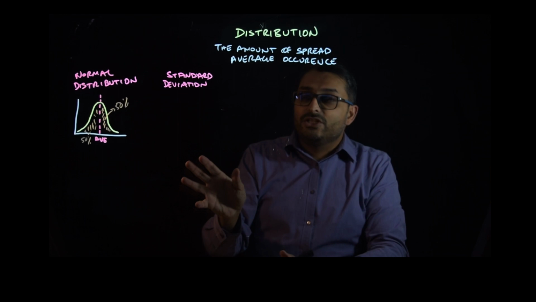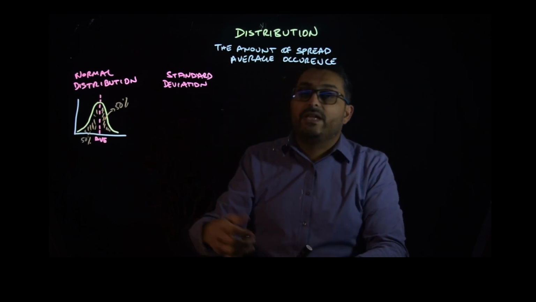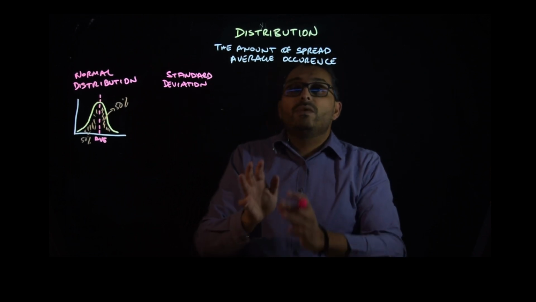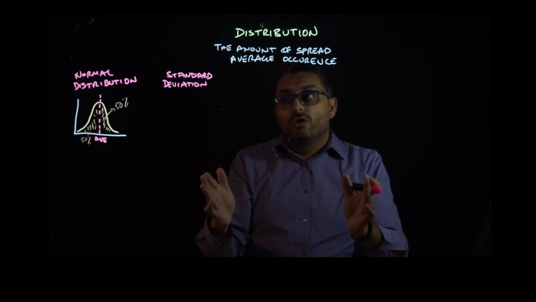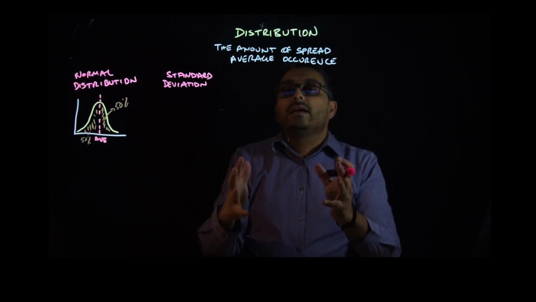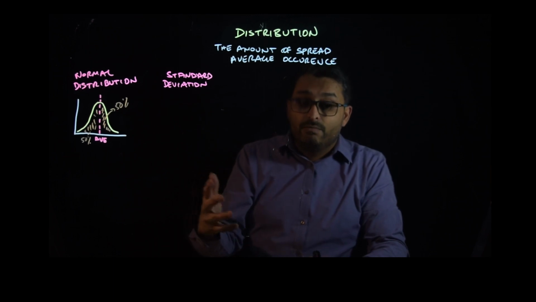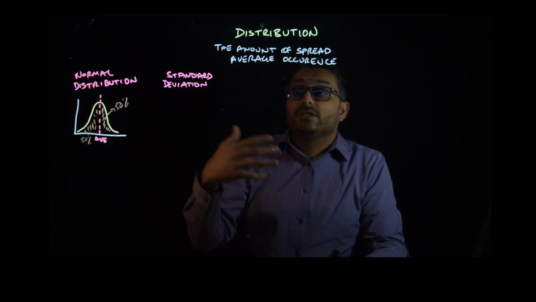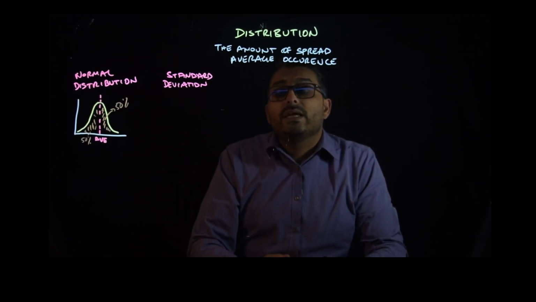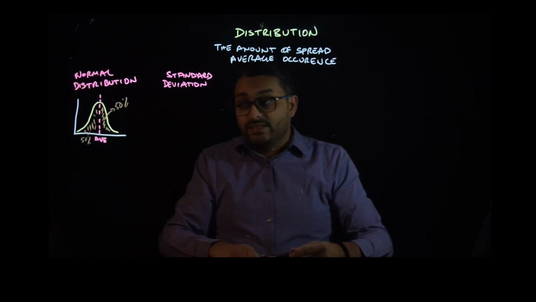And standard deviation is split into one standard deviation, two standard deviations, that kind of thing. And so within one standard deviation of the average, we can see approximately 2/3 of what it is we are measuring. And in two standard deviations, we can see approximately 95% of what it is we're measuring.